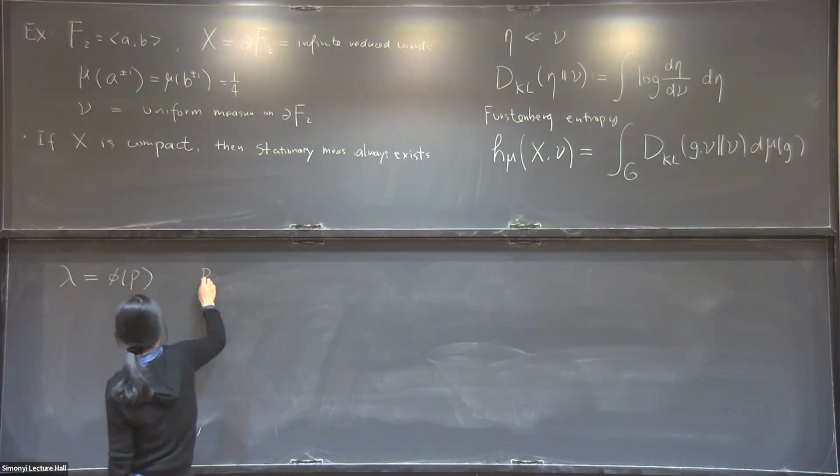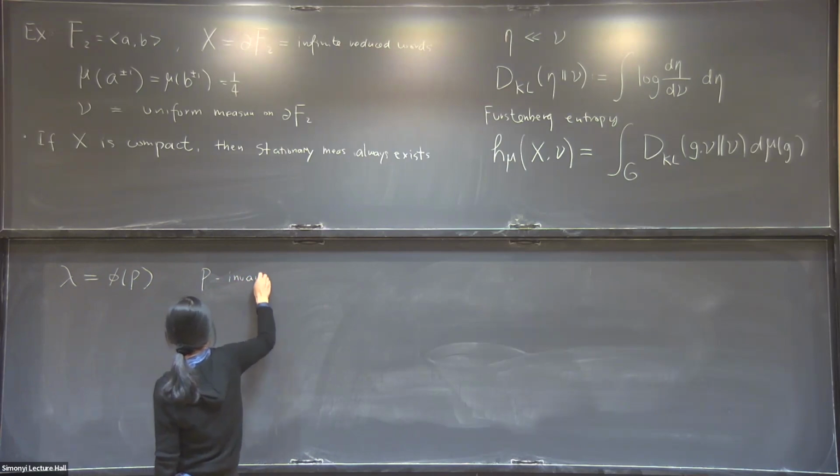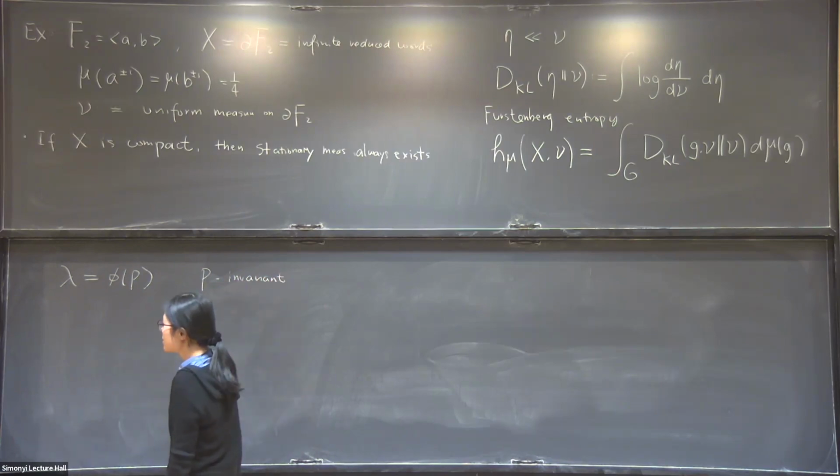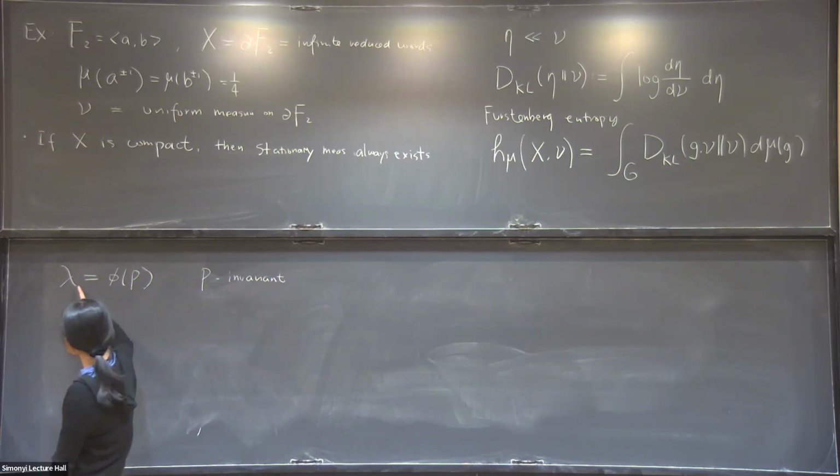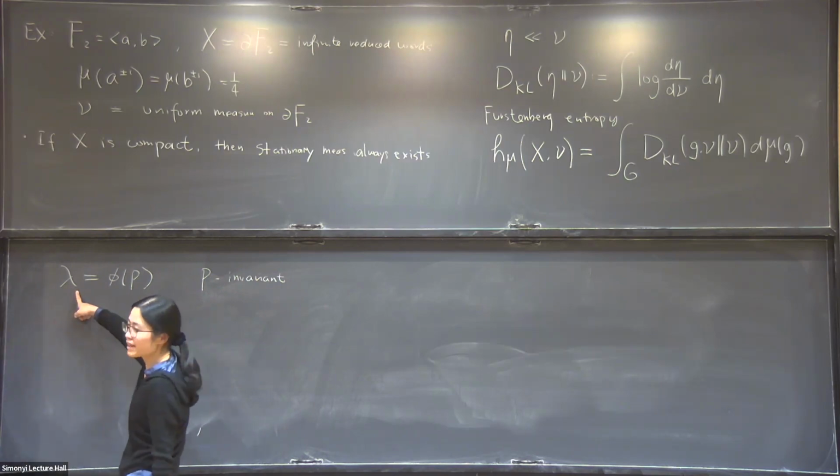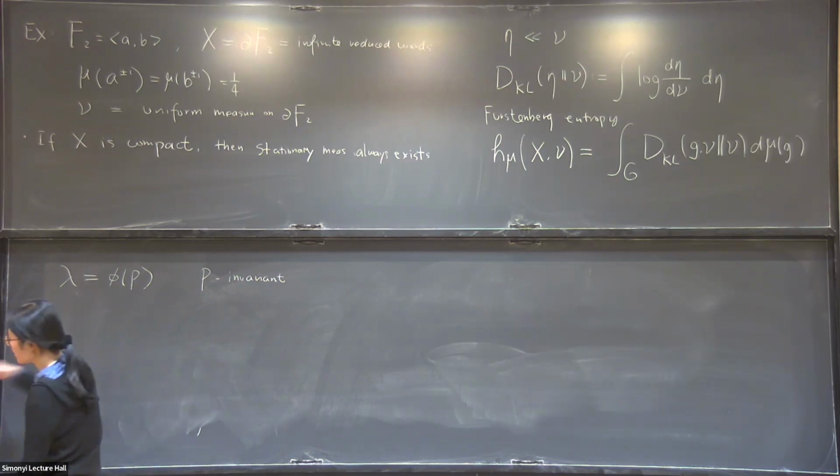This is the P invariant measure. So you can go between your original nu and this P invariant measure, lambda, by taking the decomposition or integrating it back.